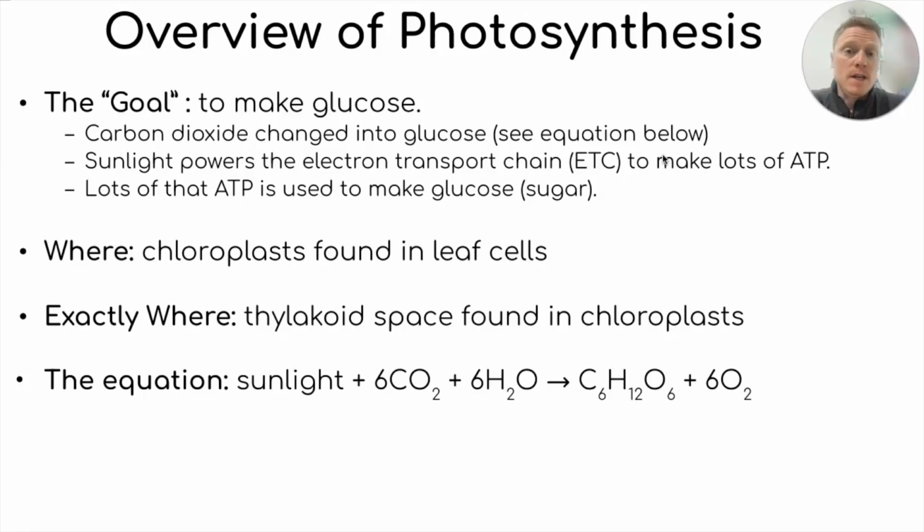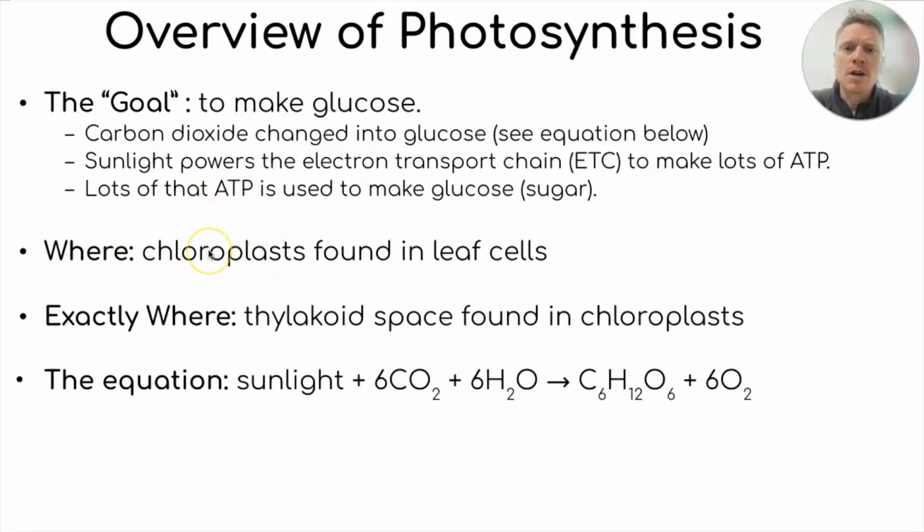And that really provides a lot of ATP, just like the electron transport chain provides a lot of ATP from oxidative phosphorylation. There's a lot of ATP that can be made because of photosynthesis by absorbing that sunlight.